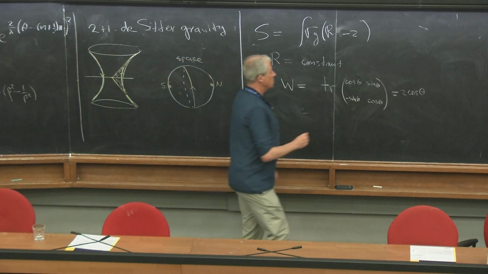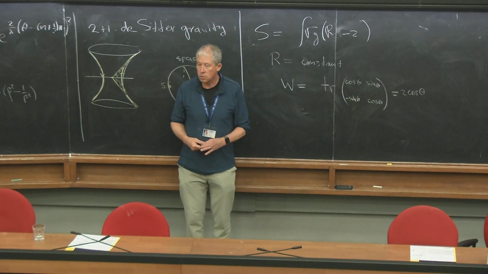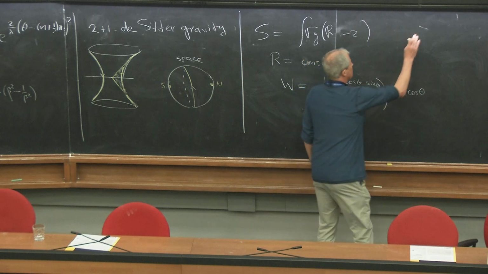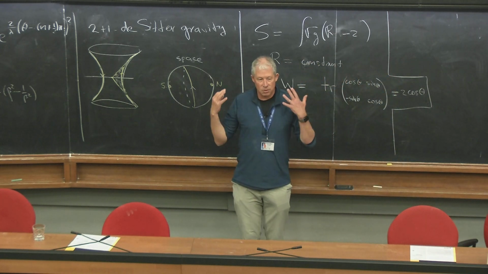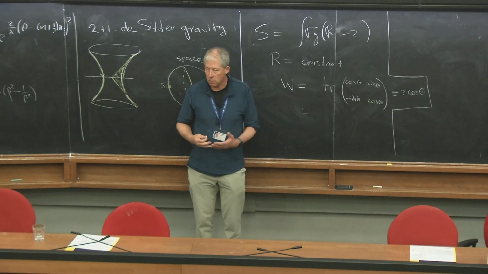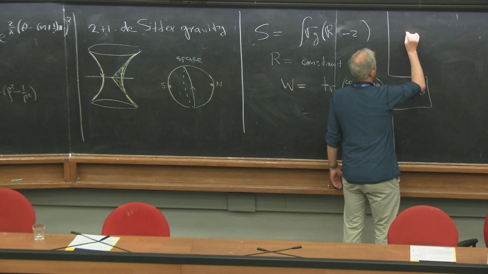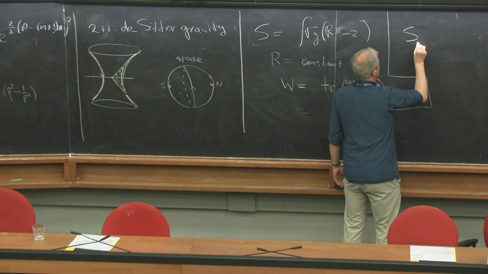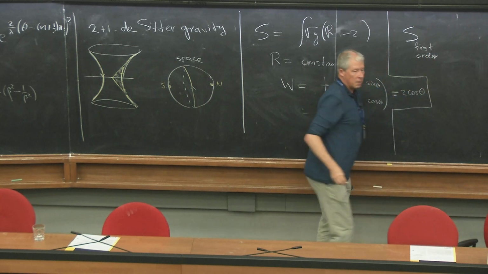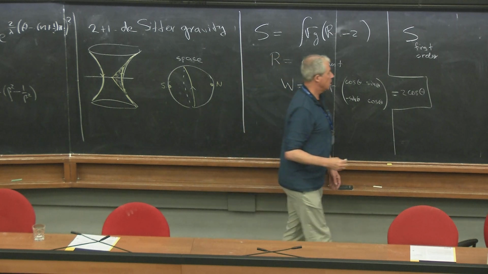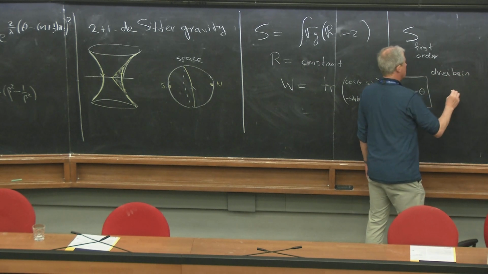Okay, so let me do another thing. I want to know the phase space of the 2 + 1D gravity theory, and it turns out to be convenient, but not essential, to think about this Einstein action from the point of view that Witten introduced in the late 80s, where I can write this thing in what you might want to call a first-order formalism, where instead of using a metric, I'm going to be introducing a dreibein, or whatever you want to call it, a tetrad.